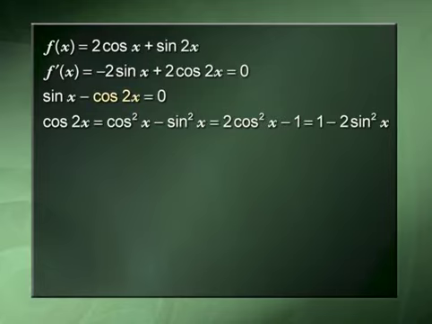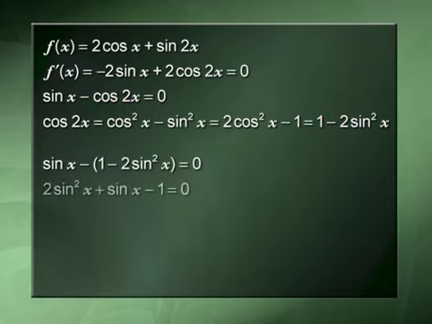So I can replace cosine 2x with 1 minus 2 sine squared x, and then I'll have an equation just involving the sine function. Also, by the way, I can, of course, cancel the 2's in the derivative equation because they're no problem. So we take our equation, sine x minus cosine 2x, replace cosine 2x with 1 minus 2 sine squared x, and then we have an equation involving just the sine function, 2 sine squared x plus sine x minus 1 equals 0.